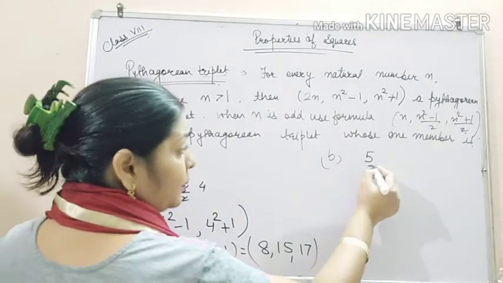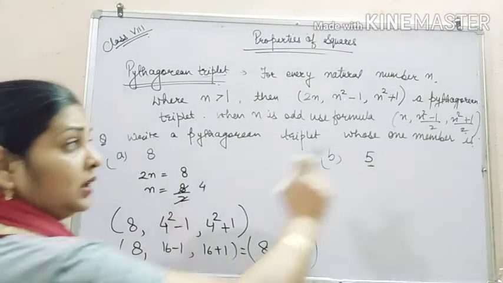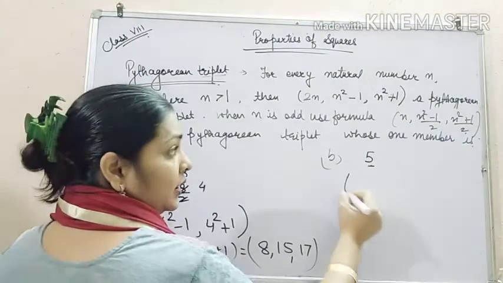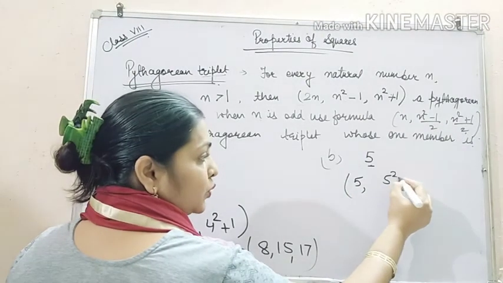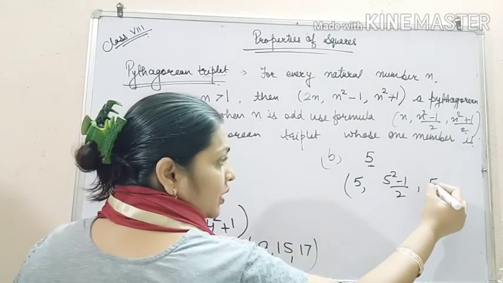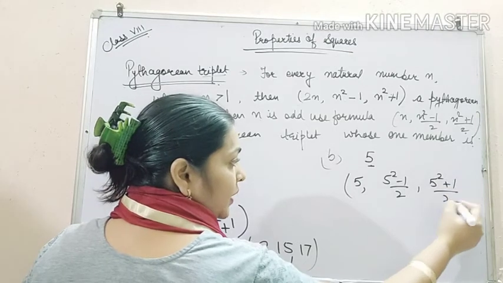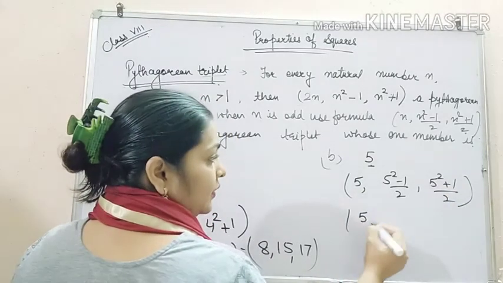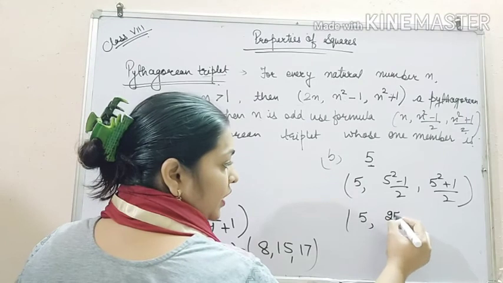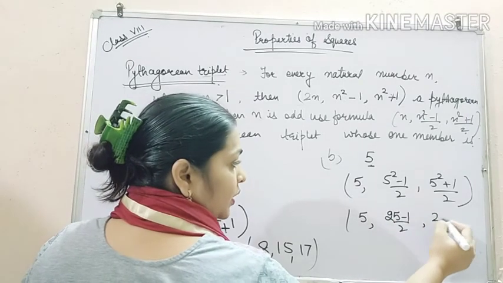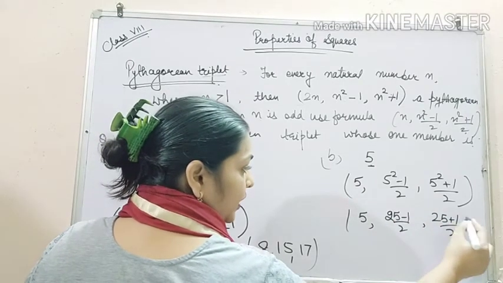Now when the member is odd, then you can use this formula. 5 square minus 1 by 2, 5 square plus 1 by 2. 5, 25 minus 1 by 2, 25 plus 1 by 2.